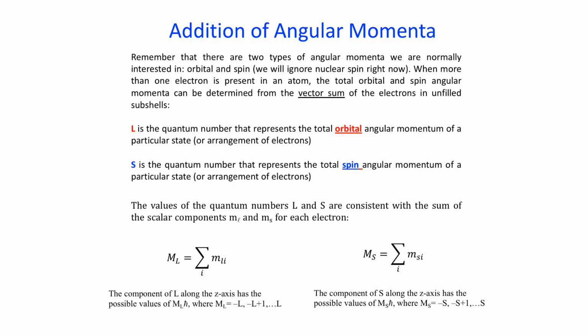Okay, so the values of our quantum numbers, L and S, are going to be related to our M sub L and M sub S, just like we have for our individual electron labeling. So here we define big M sub L to be the sum of all of the little m sub L's for each electron in your atom, and then likewise big M sub S is going to be the sum of all of the little m sub S's for all of the electrons that are present in your atom.